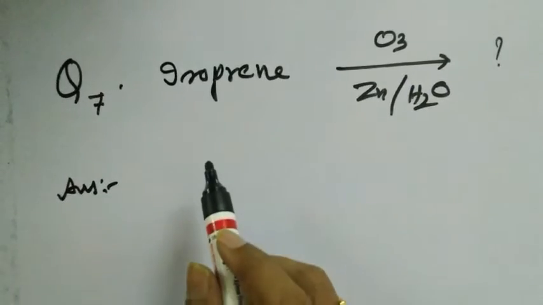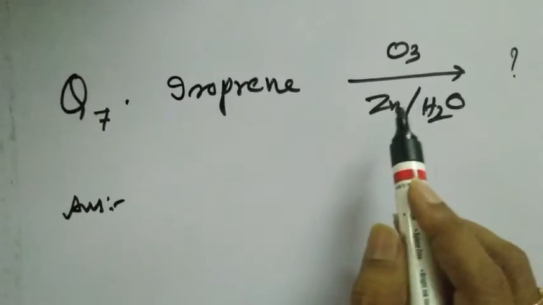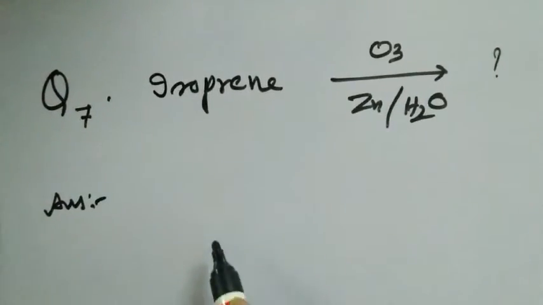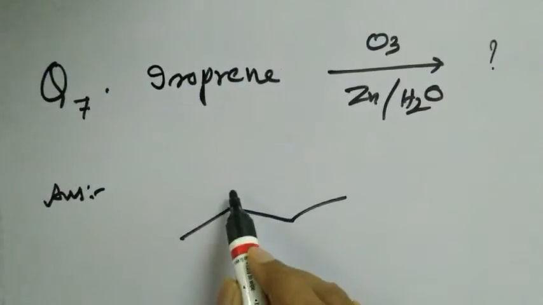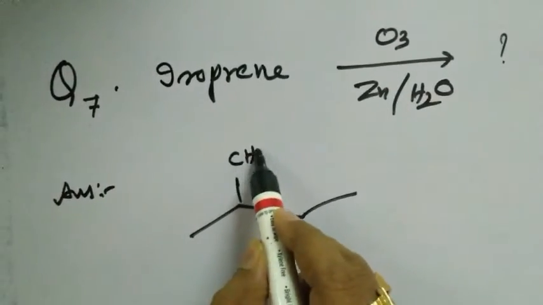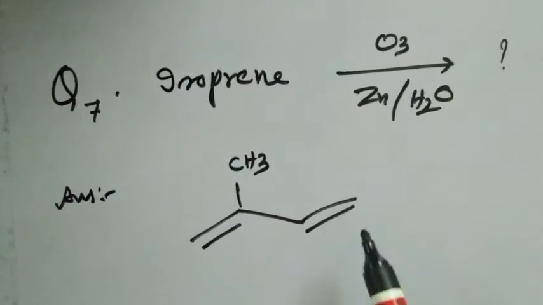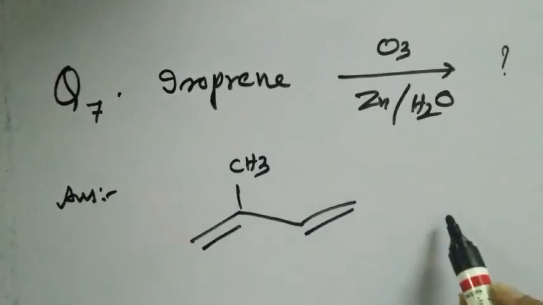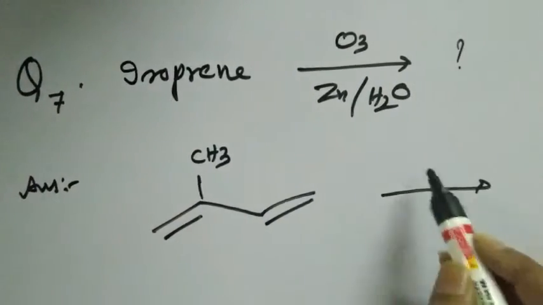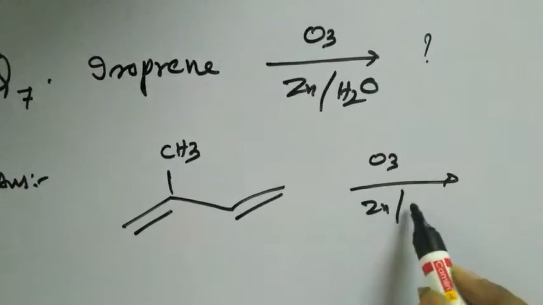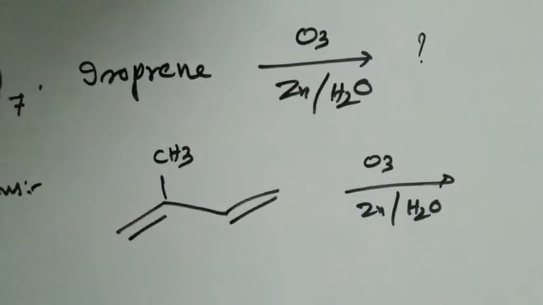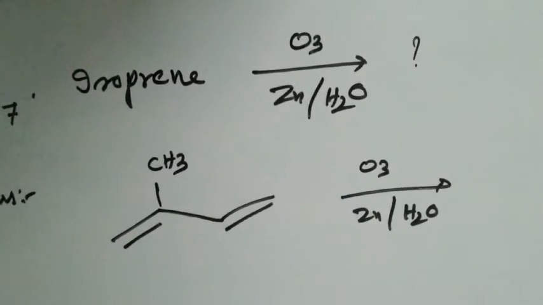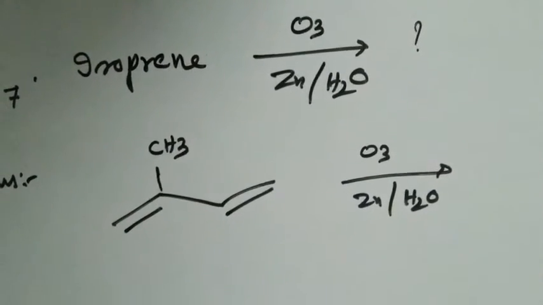This is C. Here he is asking us the products of reductive ozonolysis of isoprene. What is isoprene? 2-methyl-1,3-butadiene is called as isoprene. So this is subjected to what? Reductive ozonolysis. During reductive ozonolysis, what happens? The C double bond C gets broken and we are going to get carbonyl compounds. So let us see how the rupture occurs.